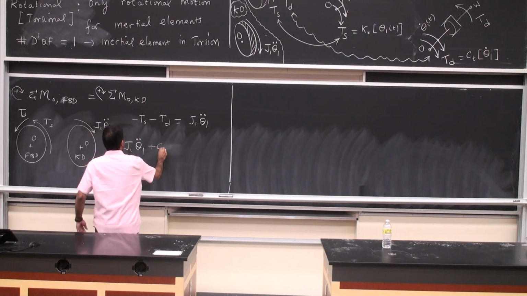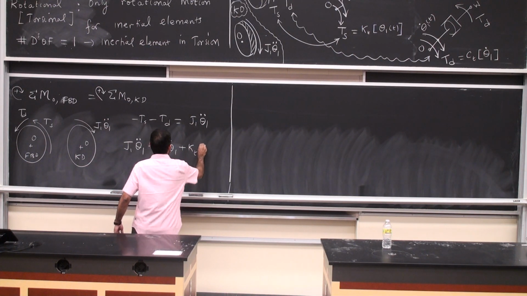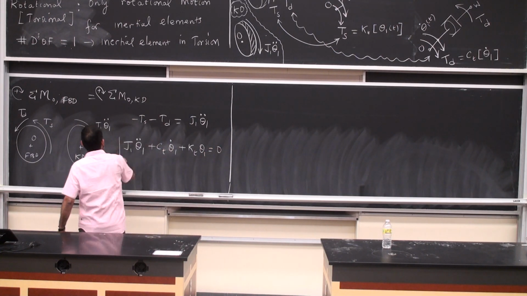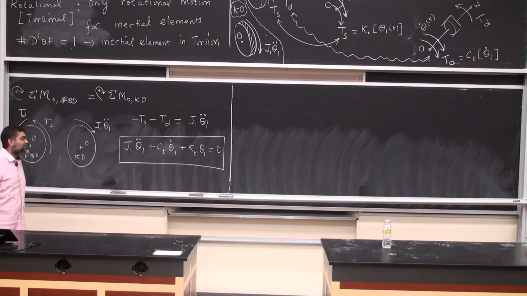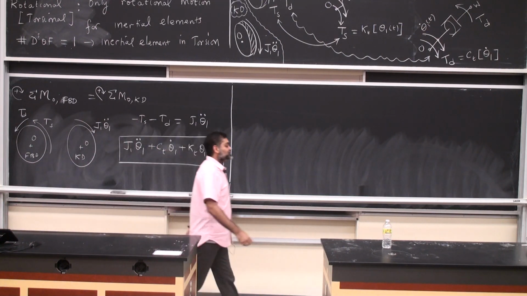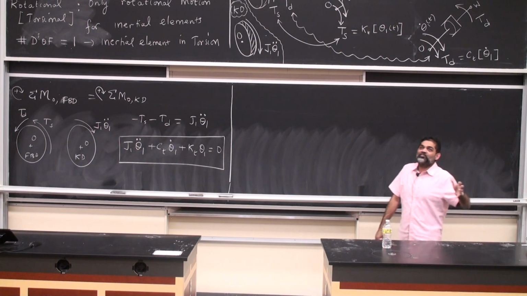Alright, I just write it out. Is equal to 0. It's a homogeneous, linear, second order, first degree, ordinary differential equation, which will be set into motion by initial conditions.